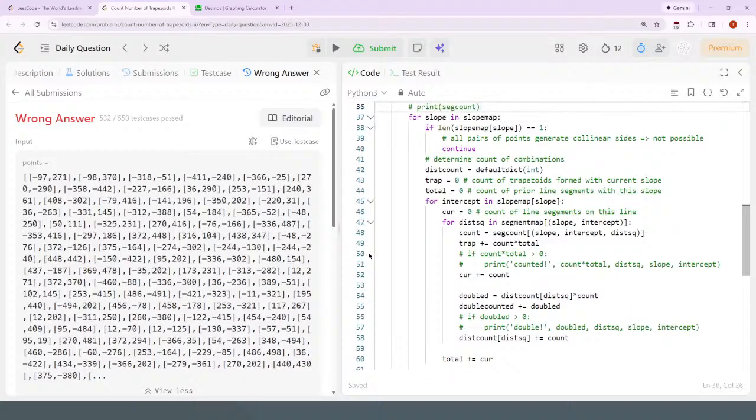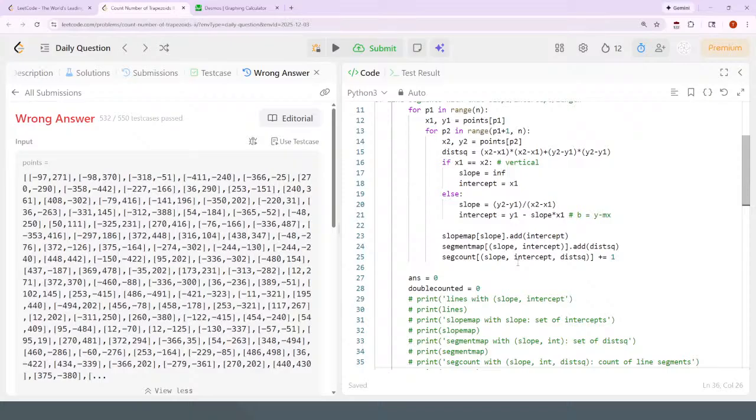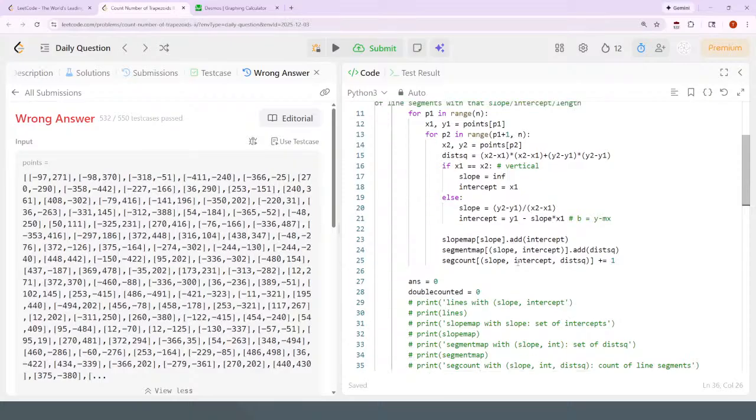Is it possible I'm not considering everything that's a parallelogram using this method? Where would it fail? So the distance, distance squared, y2 minus y1, x2 minus x1.